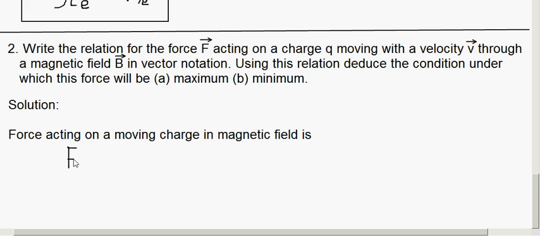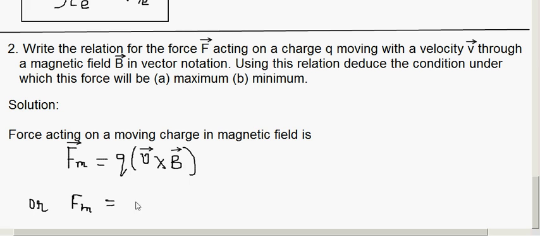You can write it as a vector F is equal to Q into V cross B. This is in vector form, and write the vectors: F is a vector, V is a vector, B is a vector. Or the magnitude of force F is QVB sin theta. This is the force.